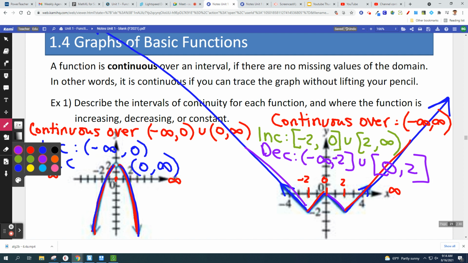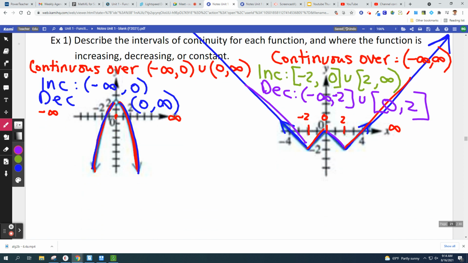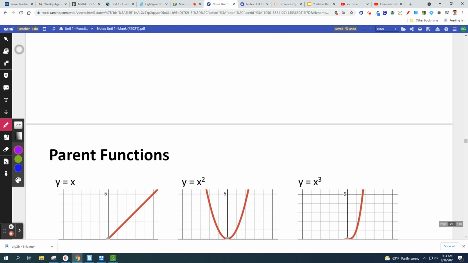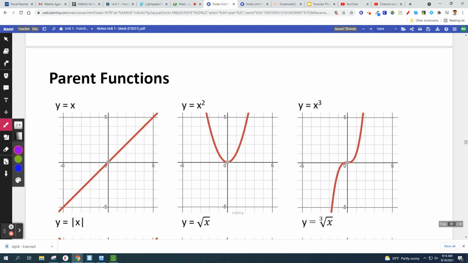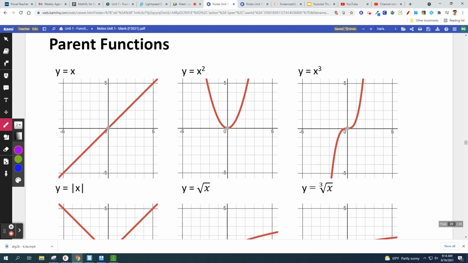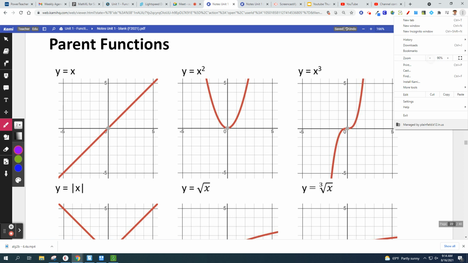Neither one of these is ever constant. So I know it's said in the directions or constant, but neither one of these is constant. Constant would be like flat. Now, parent functions, when we get to parent functions, I'm going to unzoom this so we can see all 6 of them.